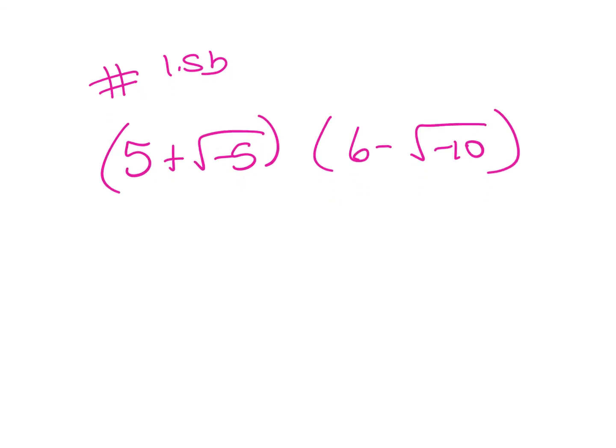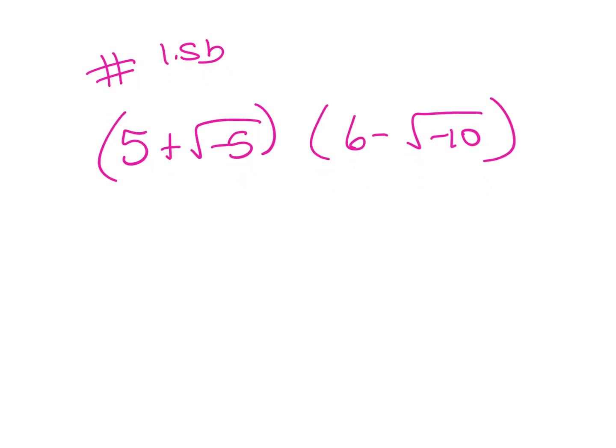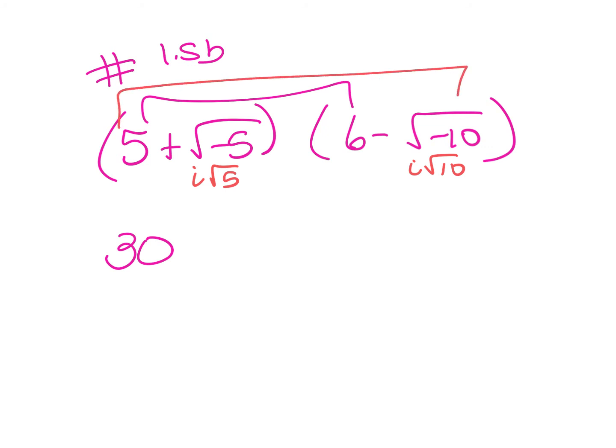Okay. So what I need to do here is FOIL this thing. So I can go ahead and multiply 5 times 6. And what I'm also going to do is pull out, and I'm going to change this to an I radical 5, I radical 10. So then now when I do outside, I'm going to get negative 5I radical 10.